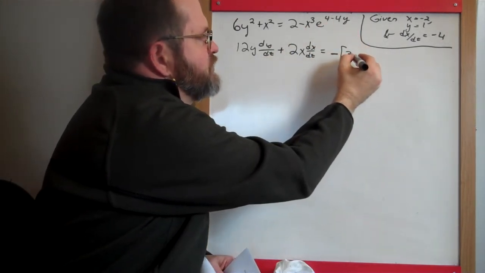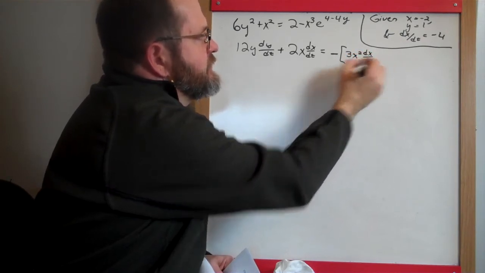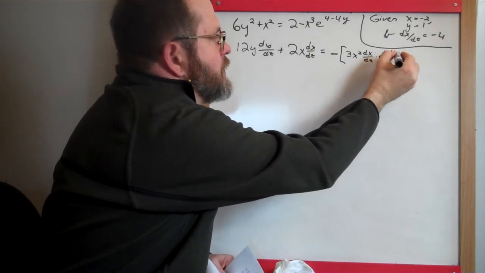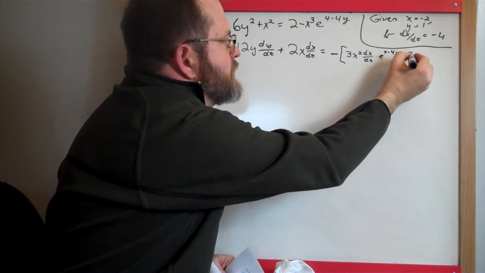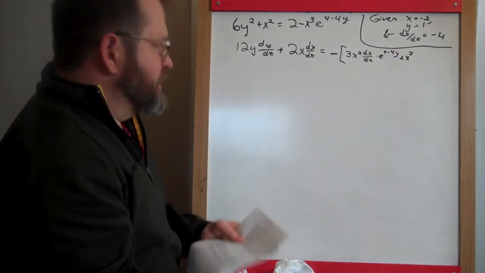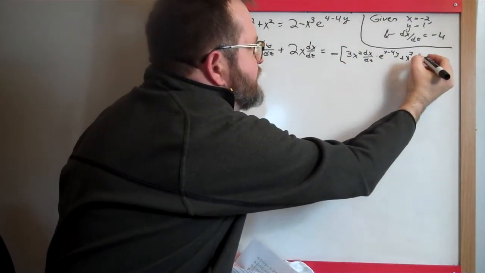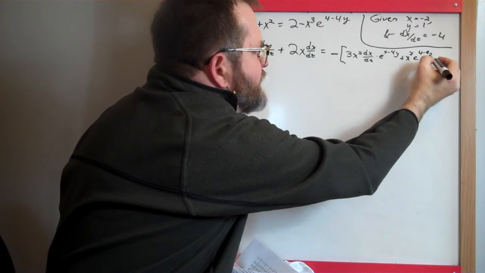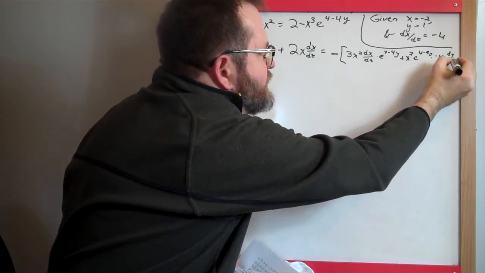Derivative of the first will be 3x squared dx/dt times the second part, plus the first part times the derivative of the second part. Derivative of e to whatever is just e to that same thing times the derivative of the inside part. And the derivative of that inside part is just -4 dy/dt.